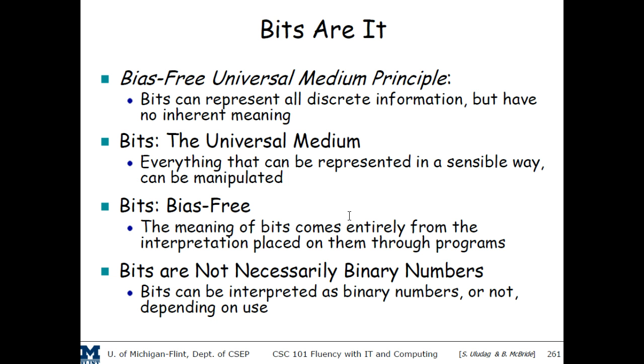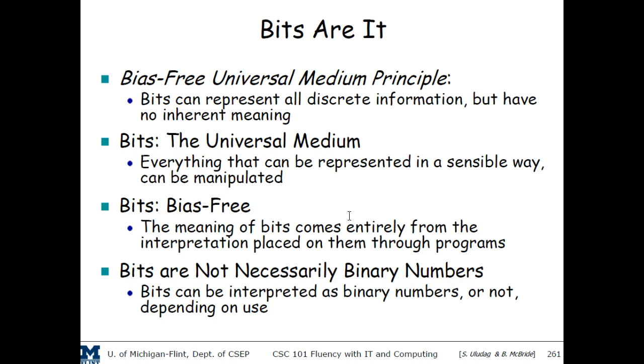This is a fundamental property of information technology which can be summarized as the bias-free universal medium principle. What it basically means is that bits can represent all kinds of discrete information but have no inherent meaning of their own. The old saying that I always heard was bits are bits. They're not binary numbers, they're just bits. They represent whatever it is that we interpret them to mean.